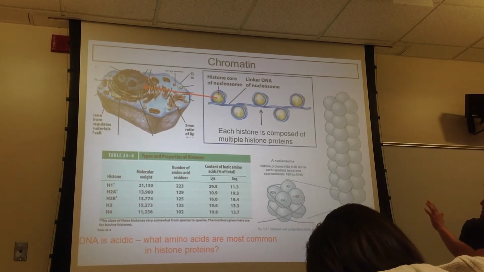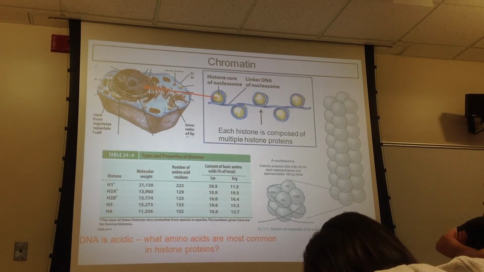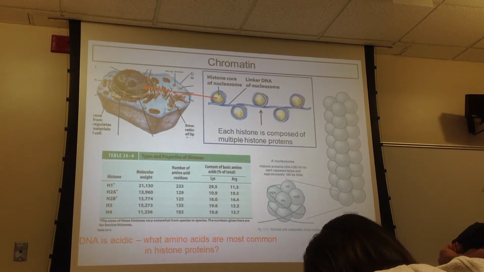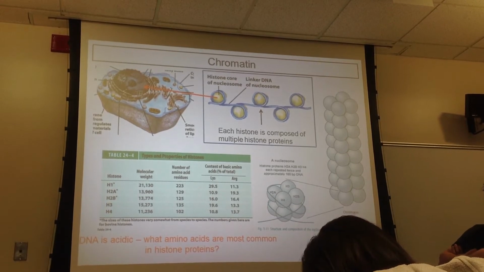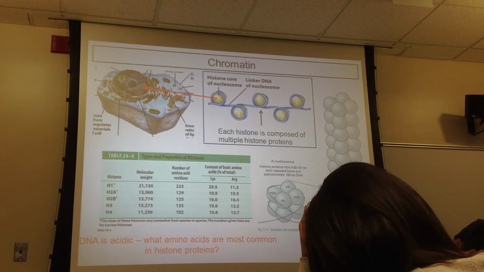This chromatin, this tightly packed stuff, is in the nucleus. By the way, if you have identical twins, usually if you know them well, you can tell that they're a little bit different, right? There are some small differences between identical twins.